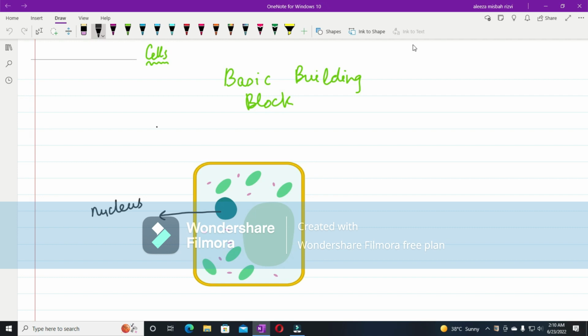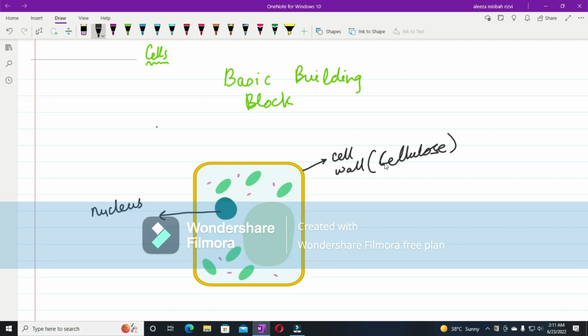Okay, the next one we have is this outer layer. This outer layer is known as the cell wall. The cell wall is a non-living structure surrounding the living cell membrane of a plant cell. This cell wall is made up of cellulose. Cellulose is a tough material, and it helps the plant cell to maintain its rectangular shape.